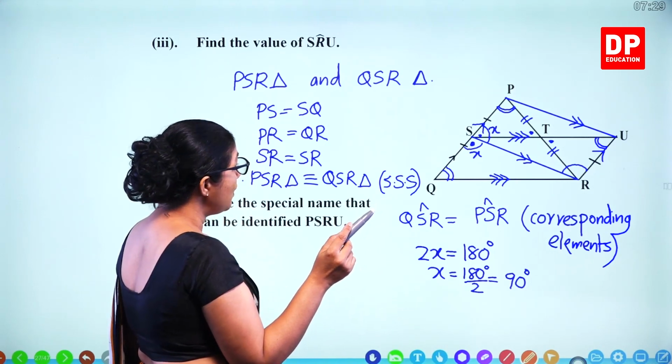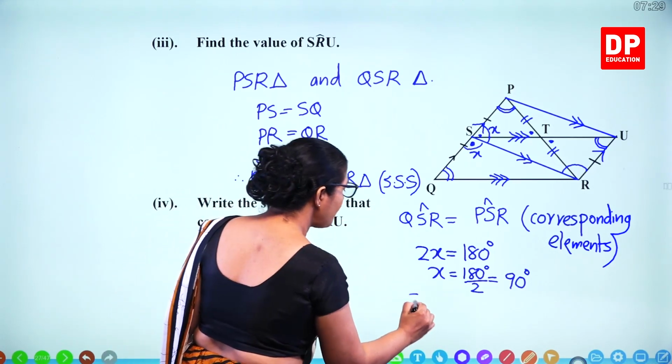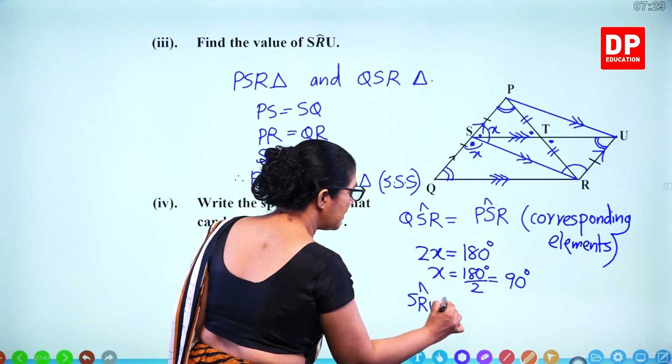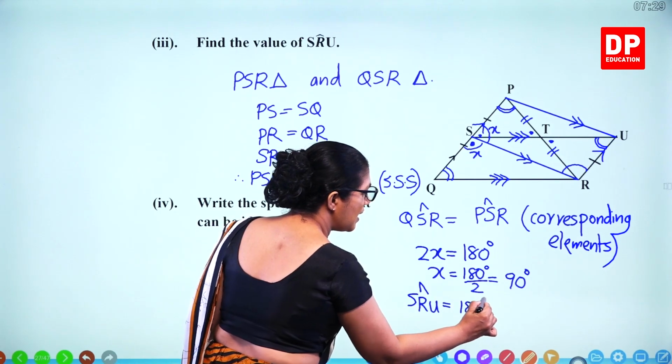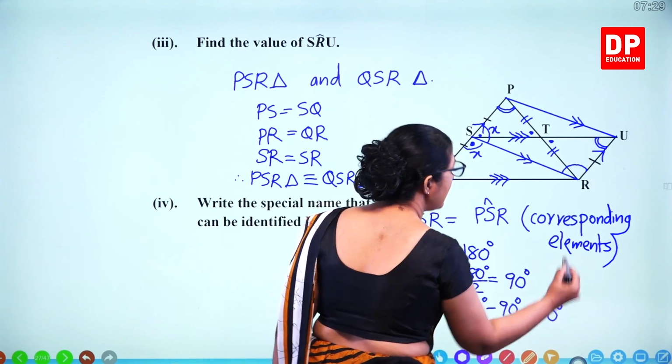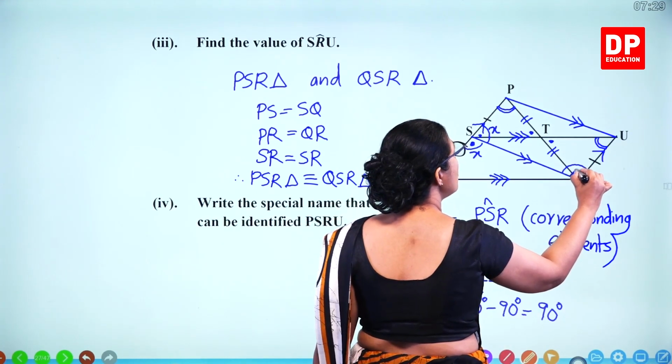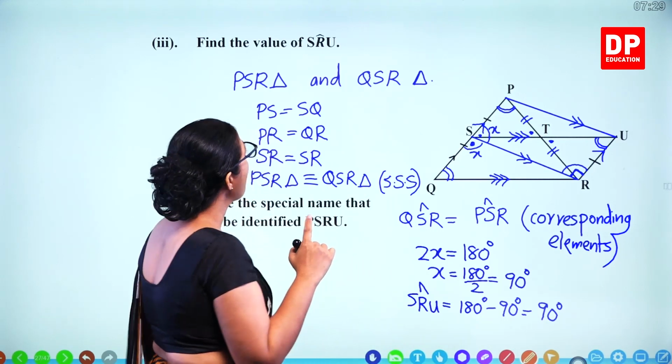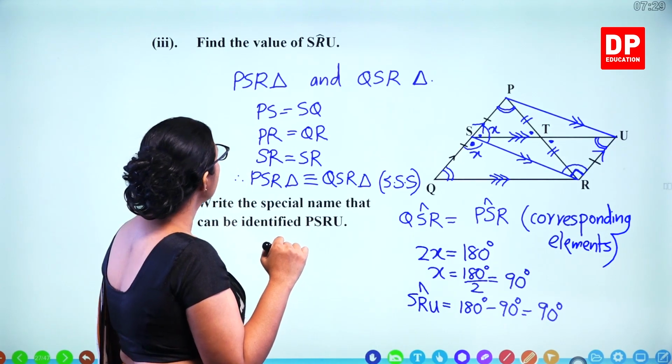So what's the angle we need? SRU. So SRU angle is 180 minus 90. That's also 90. So this angle is also 90 degrees. So the value is 90.